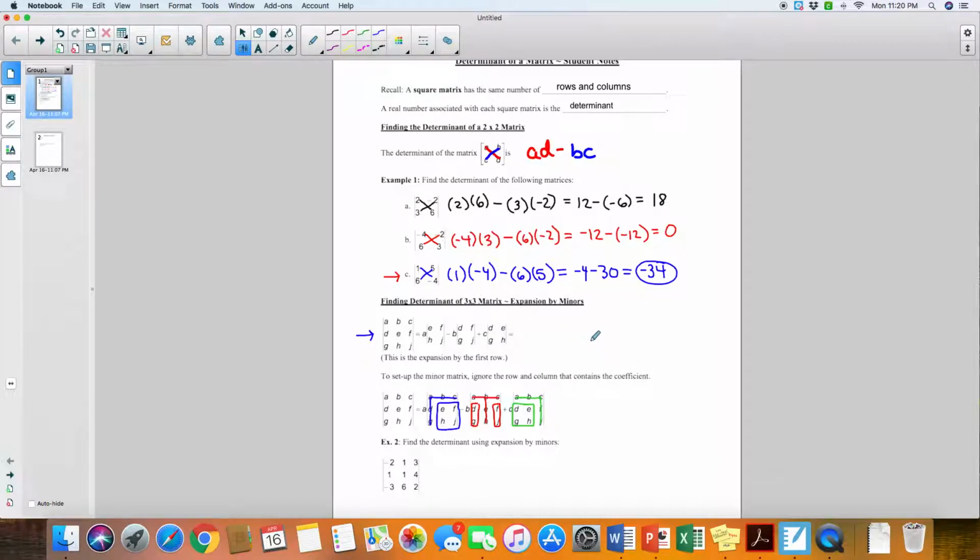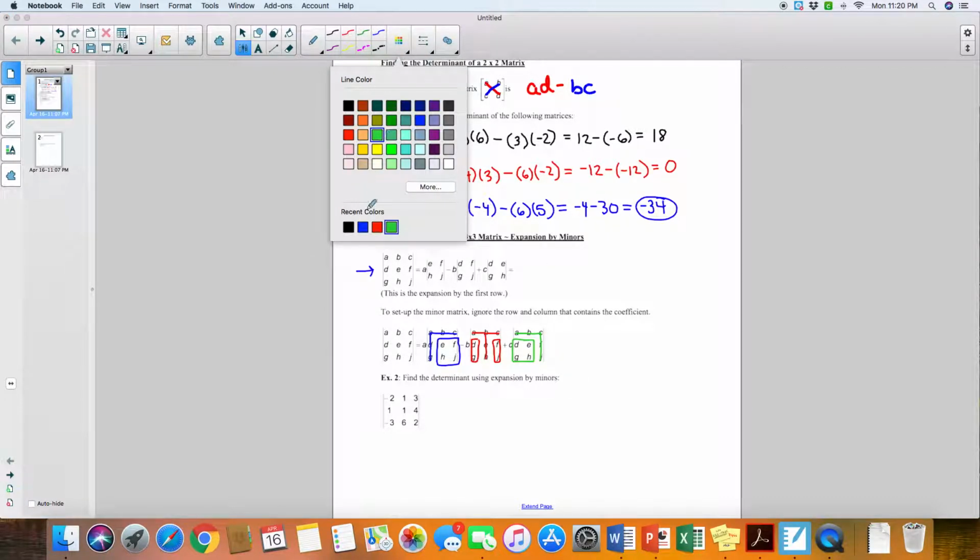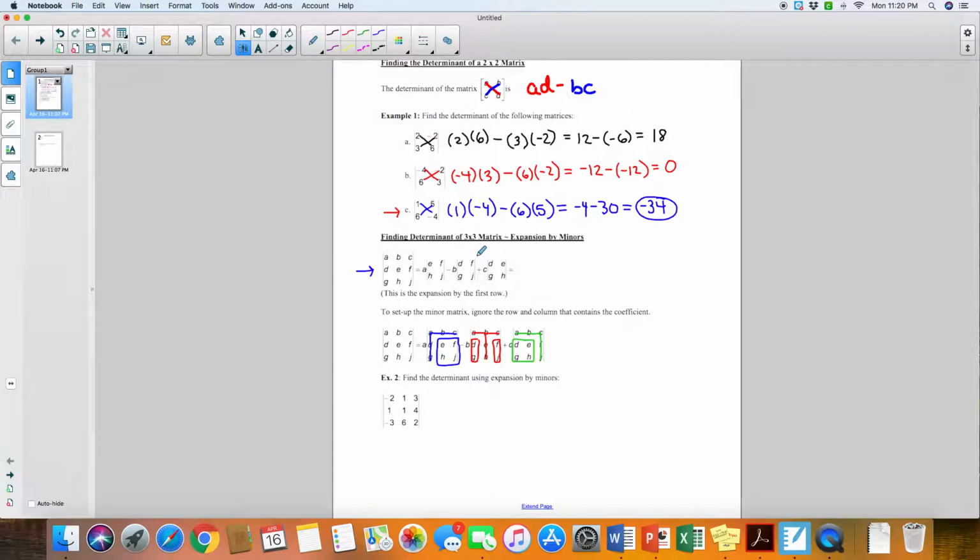So let's look at example 2. It says find the determinant using expansion by minors. Let's go with the B. I'm going to go with blue because that's how I color coded this one. So A is going to be -2.